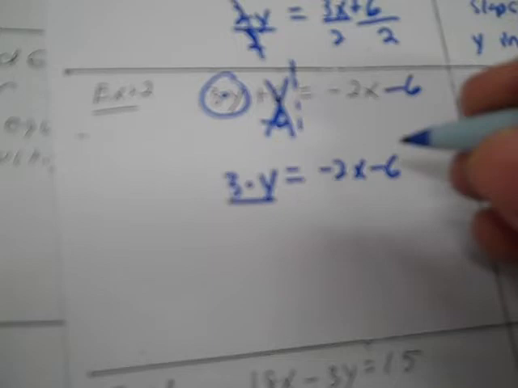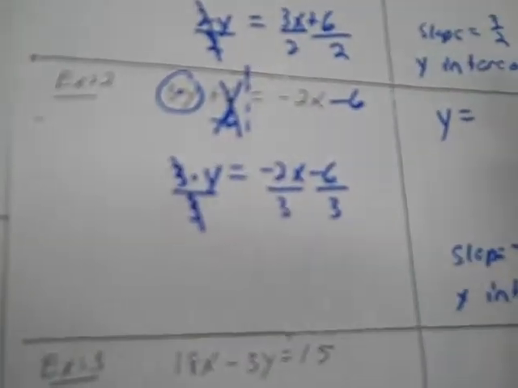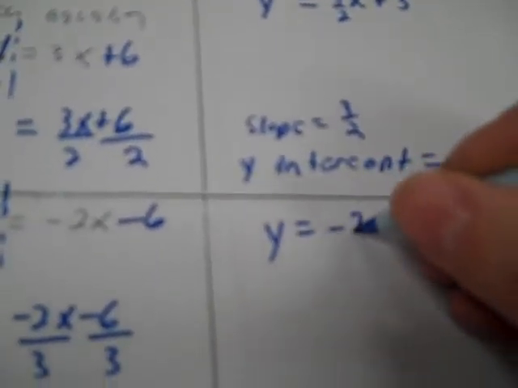Now divide every number or term in the equation by the y multiplier. So you need to underline that, this, and divide by 3. Okay, so these cancel. Now negative 2 divided by 3 is a decimal. So I keep that as negative 2/3 x.